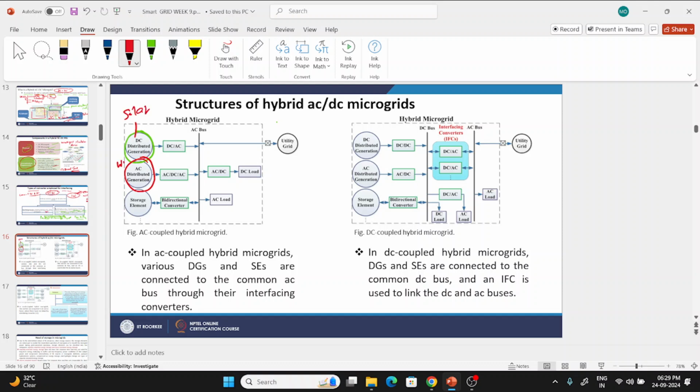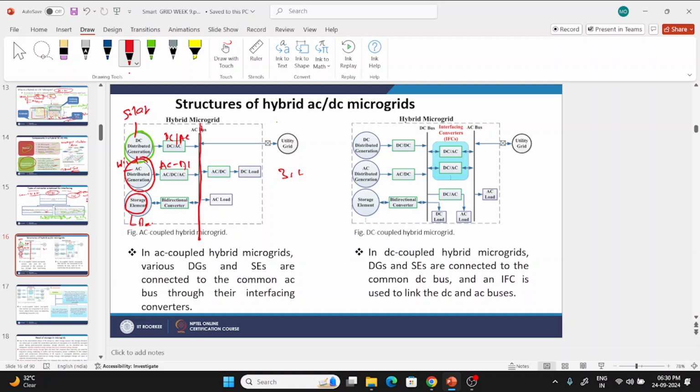For AC, we will use wind, and there is a storage element like a battery or fuel cell. Let's say this is an AC bus. For DC distributed generation, DC to AC conversion will happen, and in that way only they can be connected to an AC bus. But for AC to DC or AC, with this three-stage conversion.